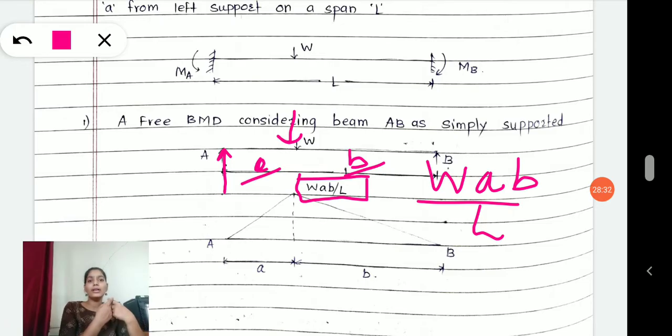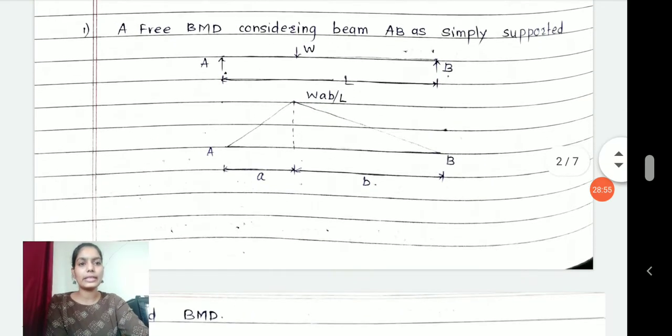If you remember it like this, it will be easy. Otherwise you have to go through the core calculation: summation, calculate the reaction, then calculate the moment, then simplify the equation of moment and get back to the moment at concentrated load W. You can follow whichever way you find easy.